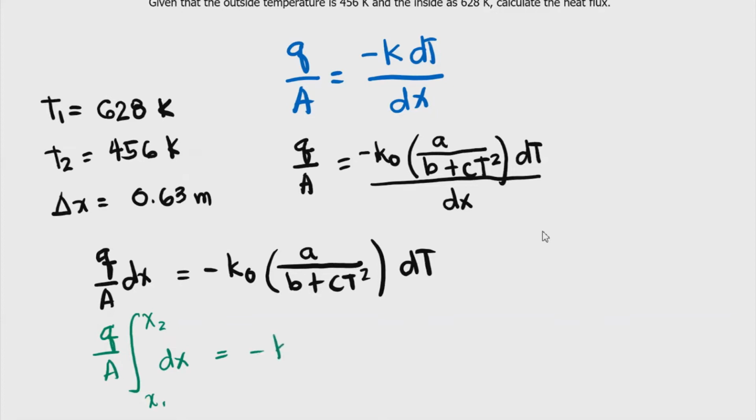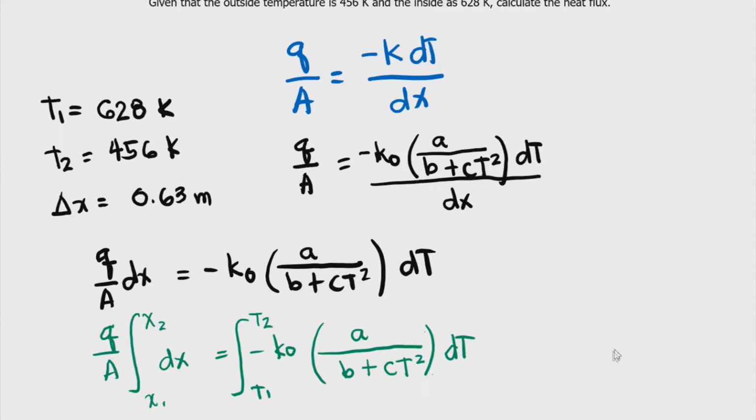So negative K sub O, A divided by B plus CT squared dT, evaluated from T1 to T2.